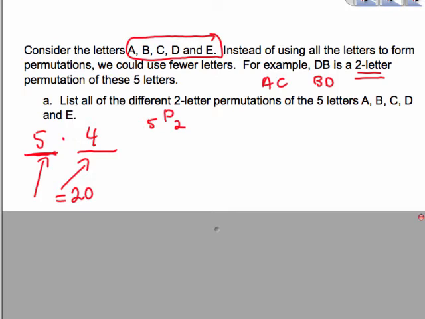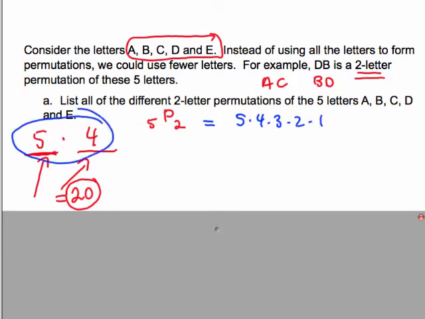Alright, in terms of a formulaic way to get this, we know that if we were using all 5 objects, we would have 5 factorial ways of arranging all 5 letters. But since we can see from our calculation that we just want to have the 5 times the 4 as our answer when we're taking 2 of them at a time, what we're going to do is divide away the 3 times the 2 times the 1.